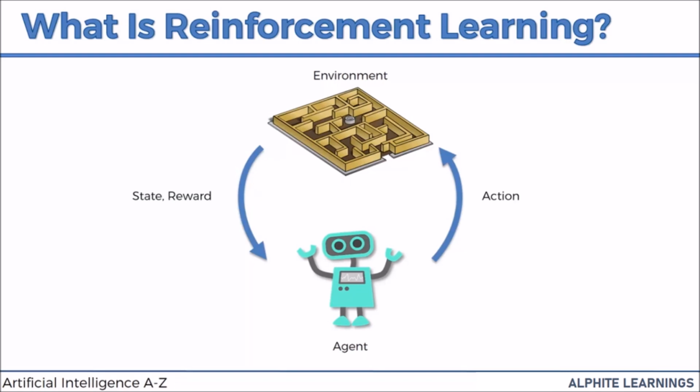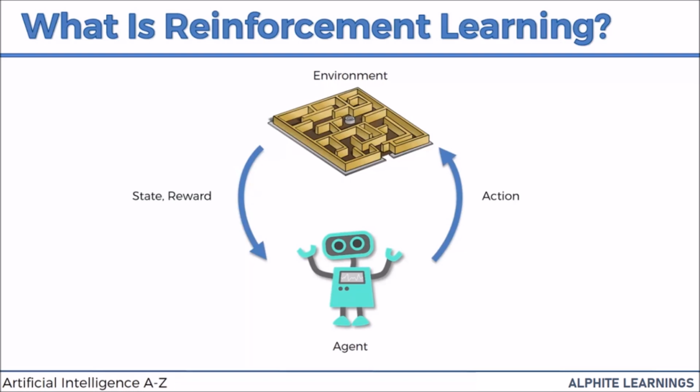Here comes the next thing. The state is going to change because of whatever action we give, and based on that we get the reward. Suppose a wall is coming in front of my car. If my action is applying the brake, I'll get one reward.